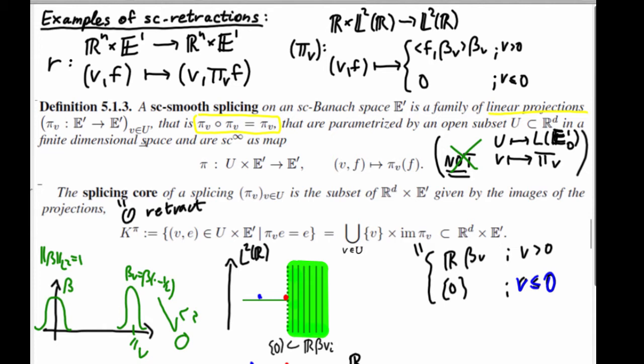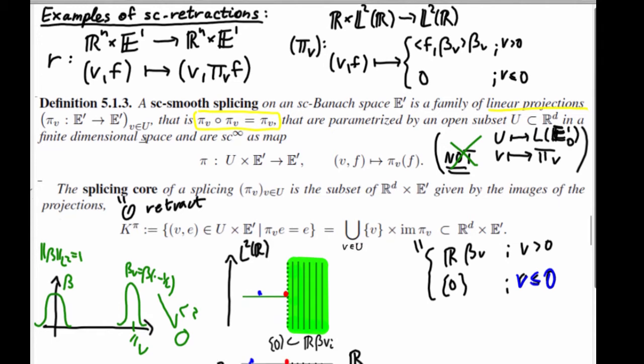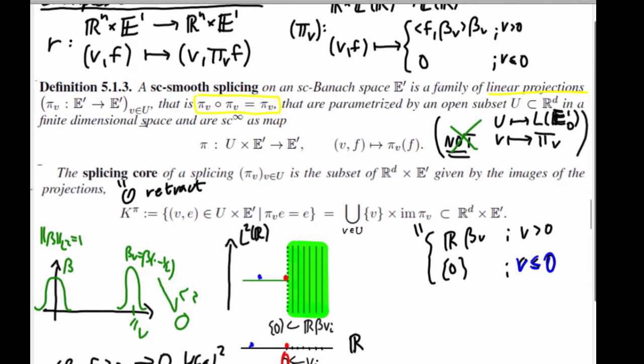So what about beta v when v is close to 0? When v is close to 0, it's a bump function that sits very far out here. Oh, sorry, yes, this is v inverse. So it runs far out, and as v goes to 0, that bump function just goes off on a tangent. Good. That's the beauty of infinite dimensional spaces.